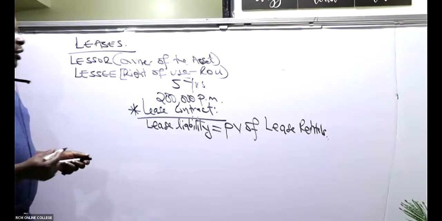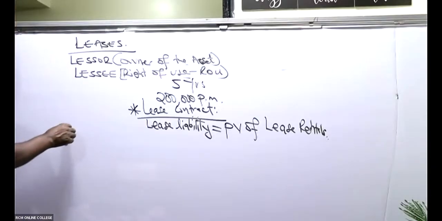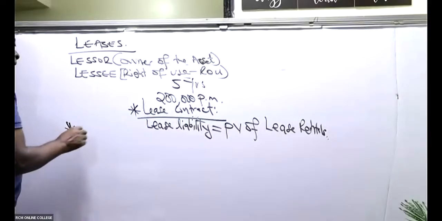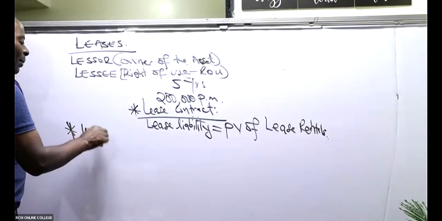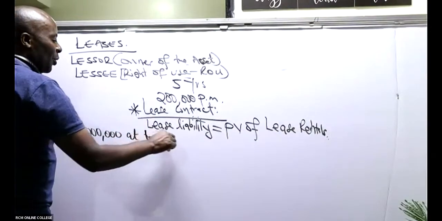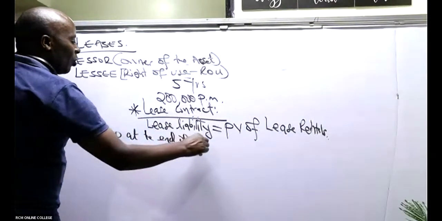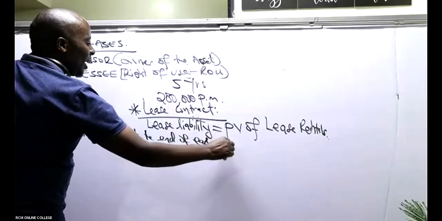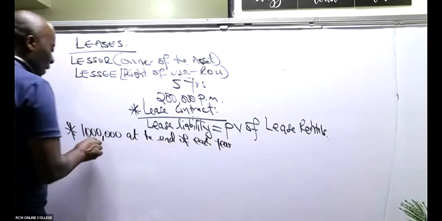So assuming, for example, we have entered into this kind of contract where somebody wants us to be paying 1 million shillings at the end of each year for 5 years.